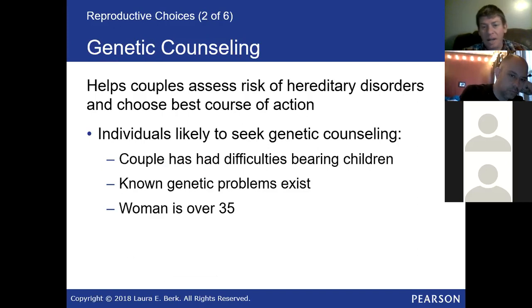So, who seeks genetic counseling? Couples who have difficulties bearing children, couples who know they have genetic problems or are at least at risk of them, and if the mother is over 35. Again, I know the slides don't say it, but the father has just as much of an influence.